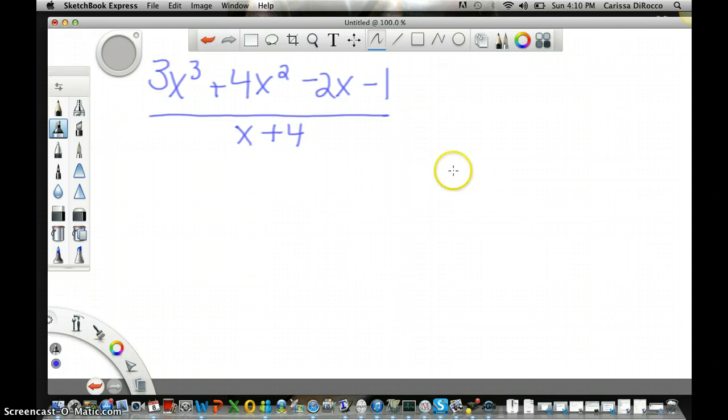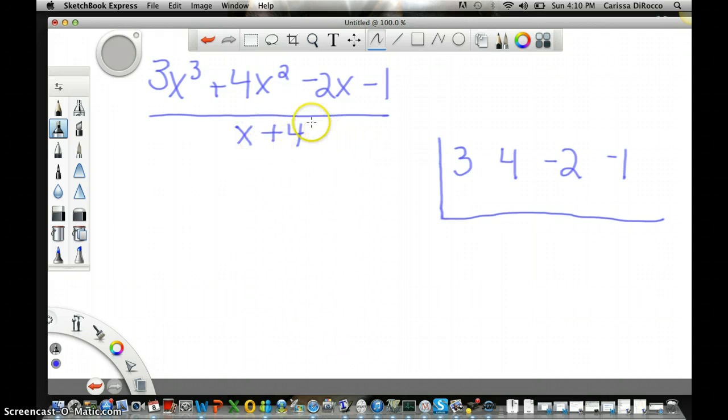So what we're going to do is take the coefficients of that polynomial, so 3, 4, -2, and -1, and we're going to divide that. What I would do is set this up so that you have room to write numbers underneath.